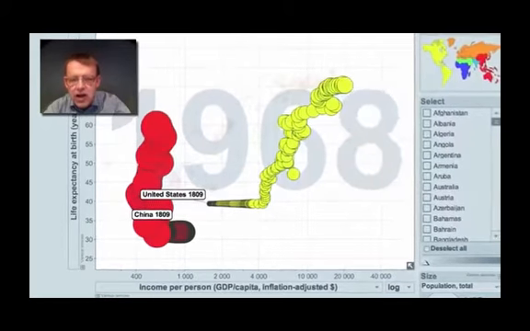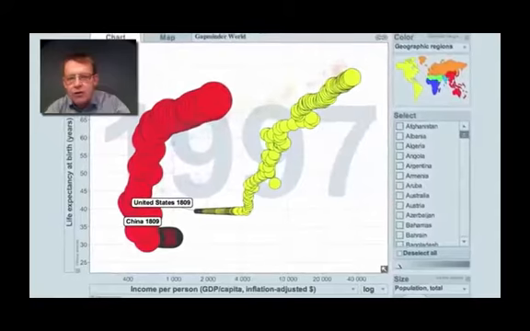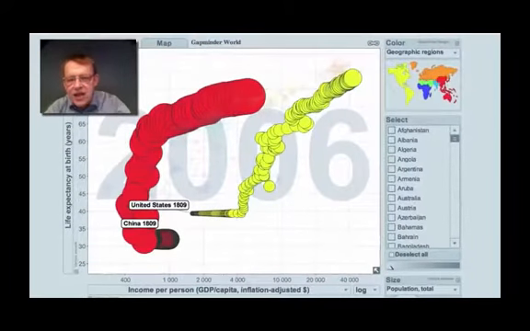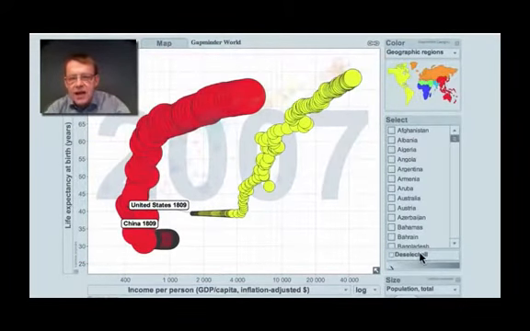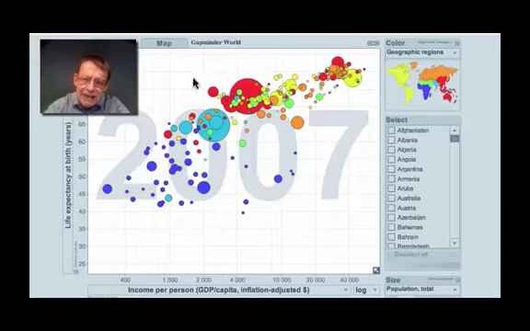But eventually China got better health and then started with fast economic growth and is catching up with the United States. And today, the world looks like this. Some call it a flat world. It's not really flat.